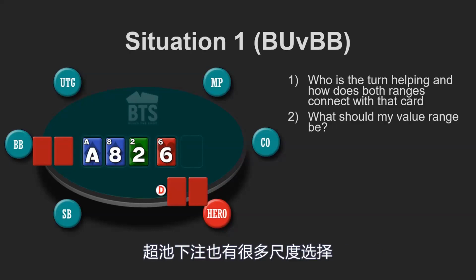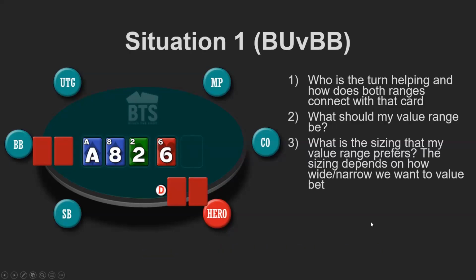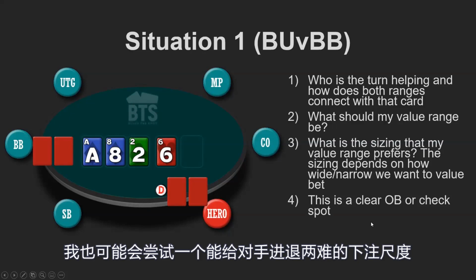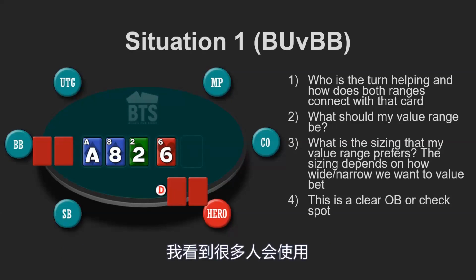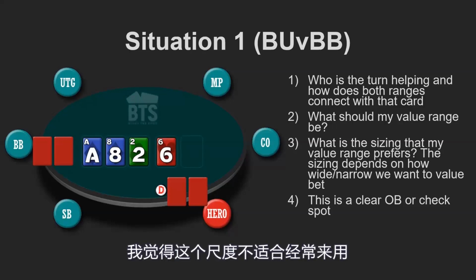As far as the overbet size, I would try to use a sizing that still puts villain into a tough spot. I see a lot of people use like a 2x strategy. I think that's not the right strategy to go with.